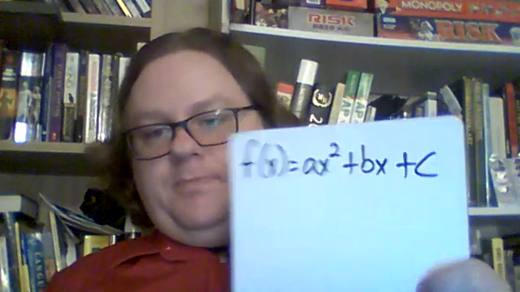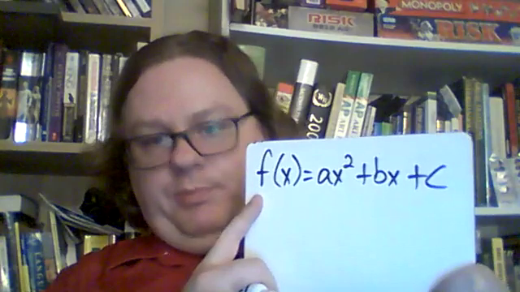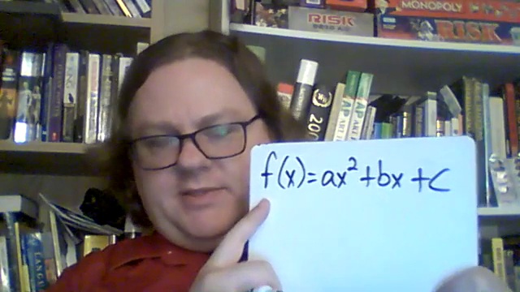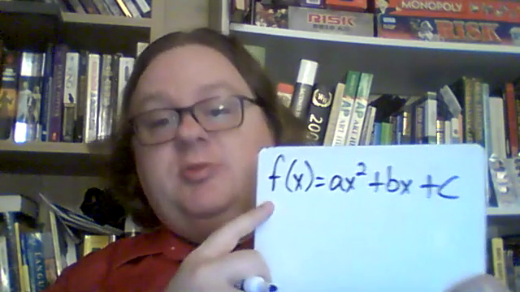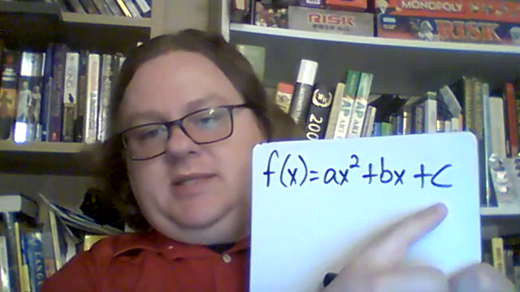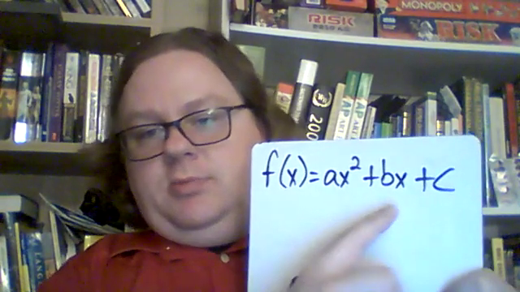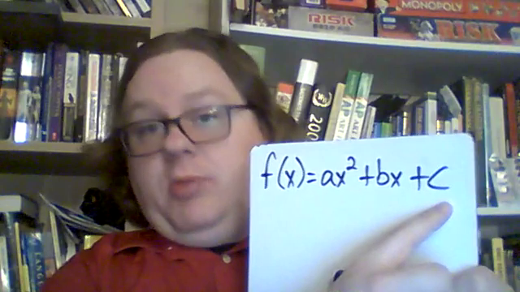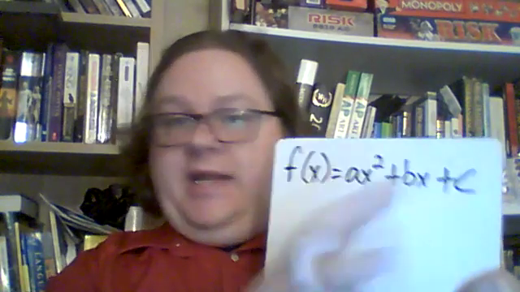All right, 8.2, where quadratic functions in the standard form where b equals 0. What does that mean? Well, here is the standard quadratic form, f of x, or y, remember those are interchangeable, equals ax squared plus bx plus c, where a, b, and c are numbers, any numbers.